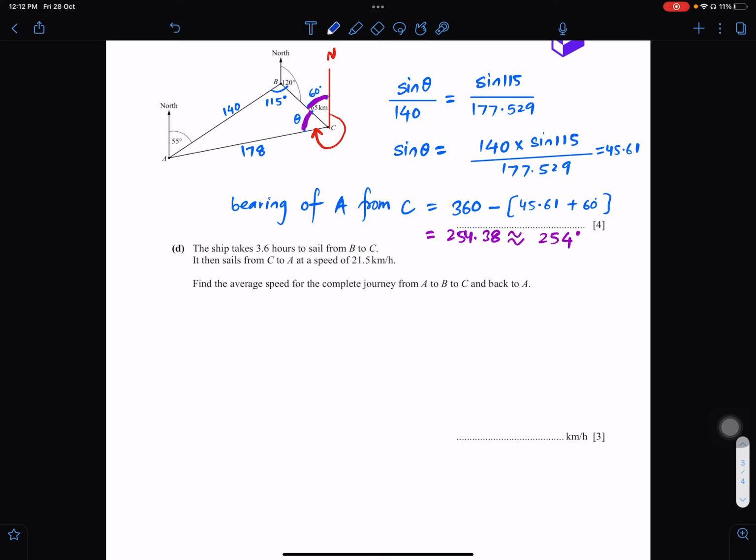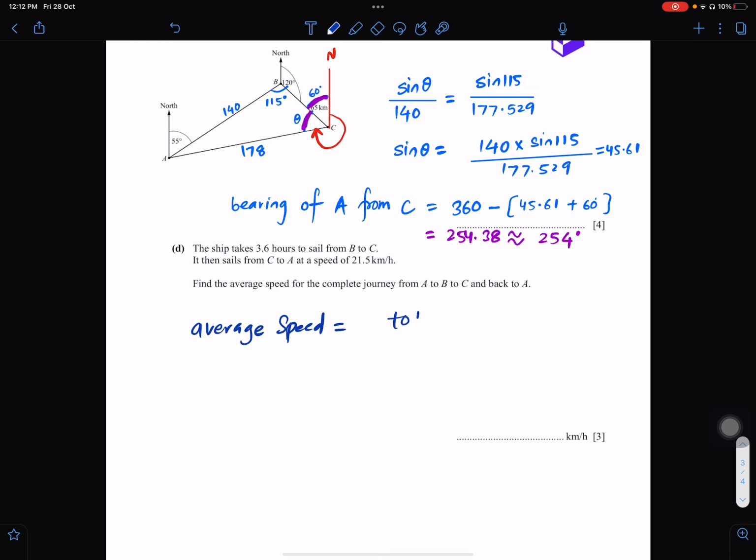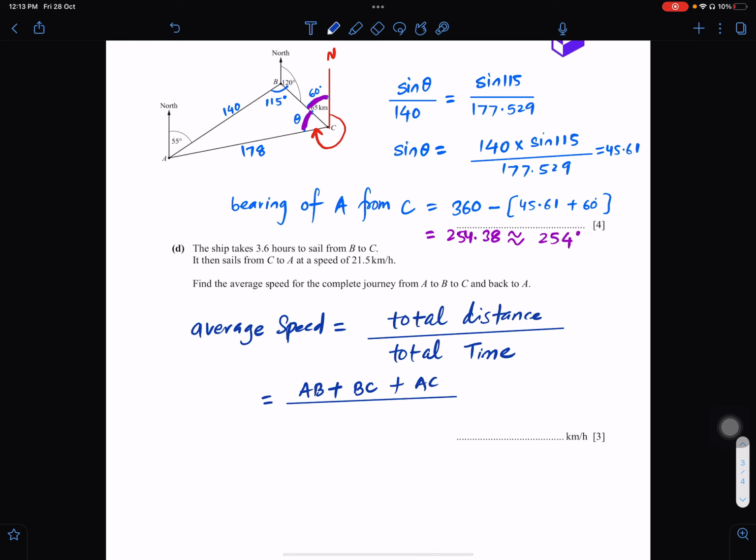Alright, so the average speed has to be considered to be the total distance of the entire journey over the total time taken. So total distance is basically the distance of AB, which we know, the distance of BC, which we know, and the distance of AC, which we also know, upon the total time taken.